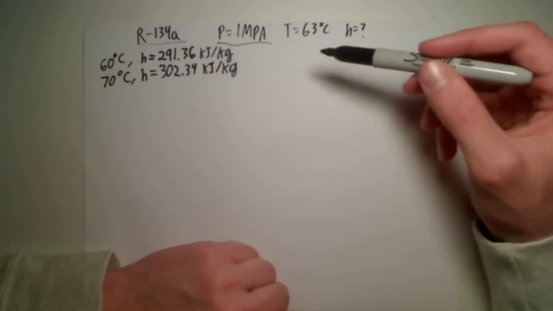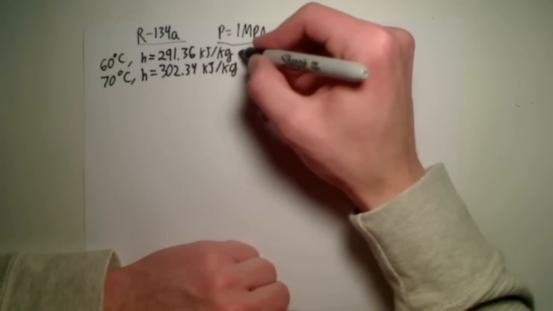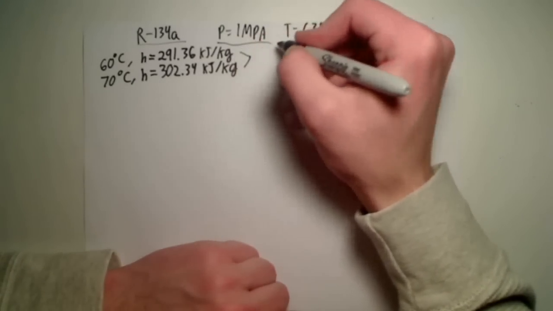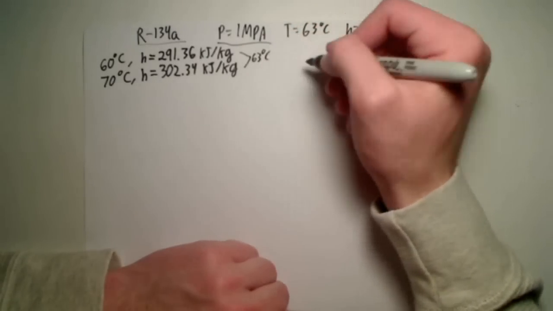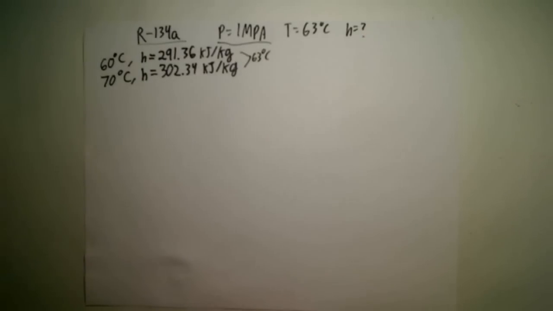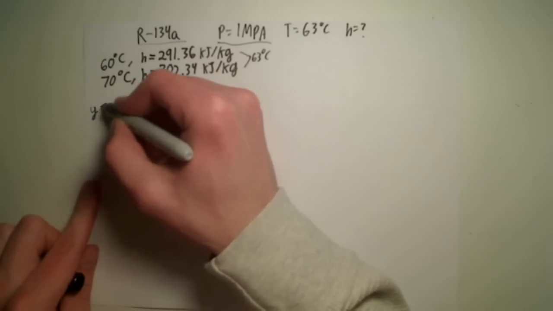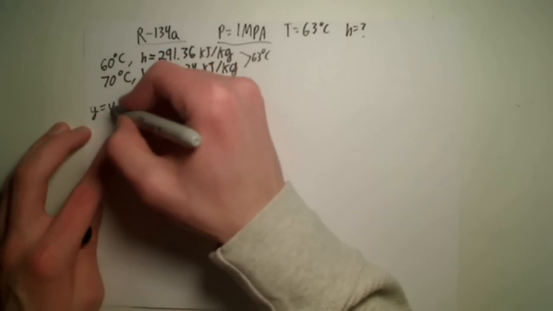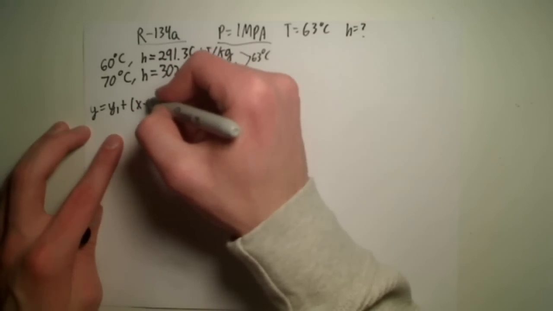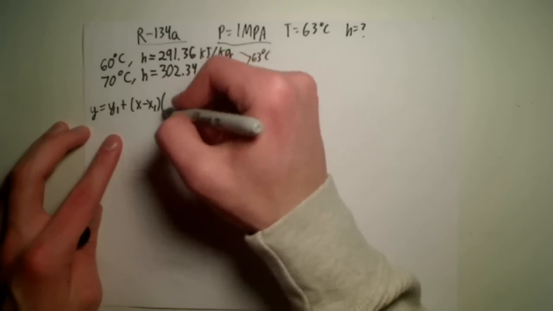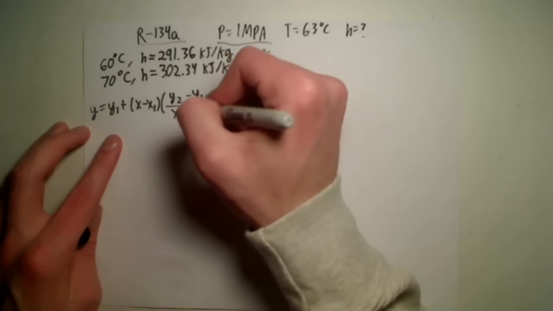Because we're assuming linear interpolation, there's not going to be any wild variance between these two. We assume the enthalpy we're looking for is somewhere in between these two values. So if you recall from a minute ago, we have y equals y1 plus (x minus x1) times (y2 minus y1) over (x2 minus x1).